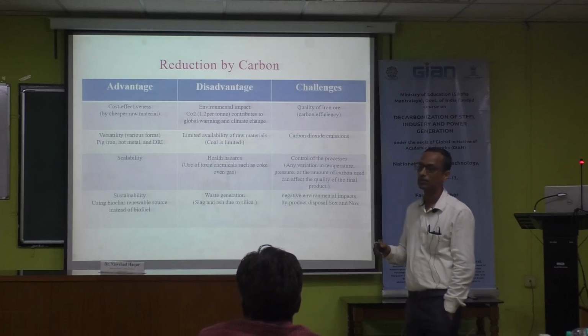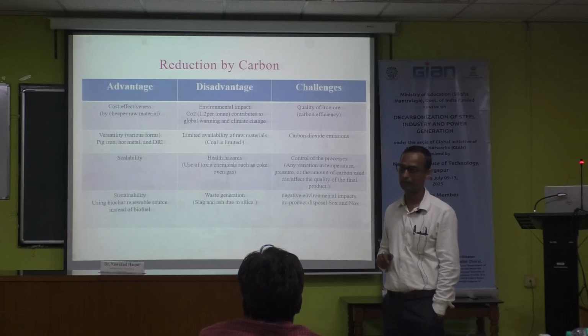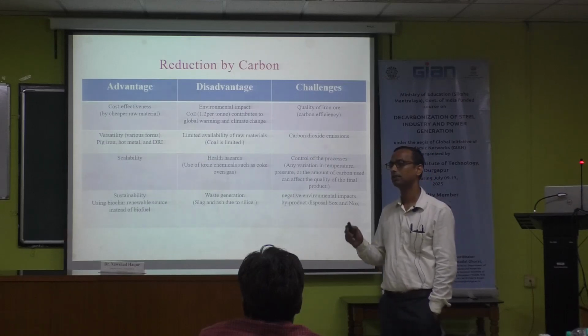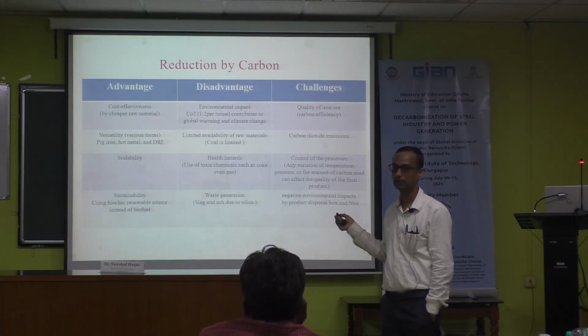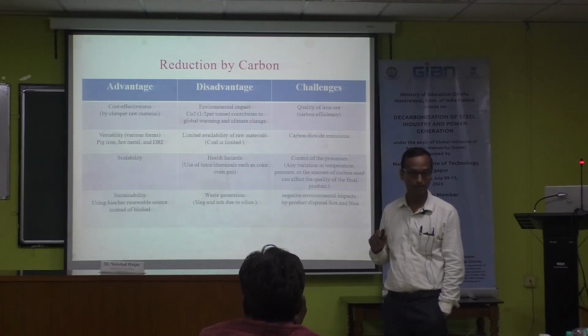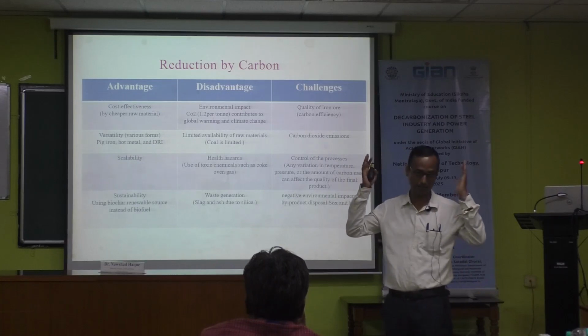Then not only will this waste generation create a problem for the environment, it also requires more energy for cleaning, because if your charge materials have high gangue content, slag generation will be high. And if we are talking about the blast furnace, the whole system is required to reach that temperature.